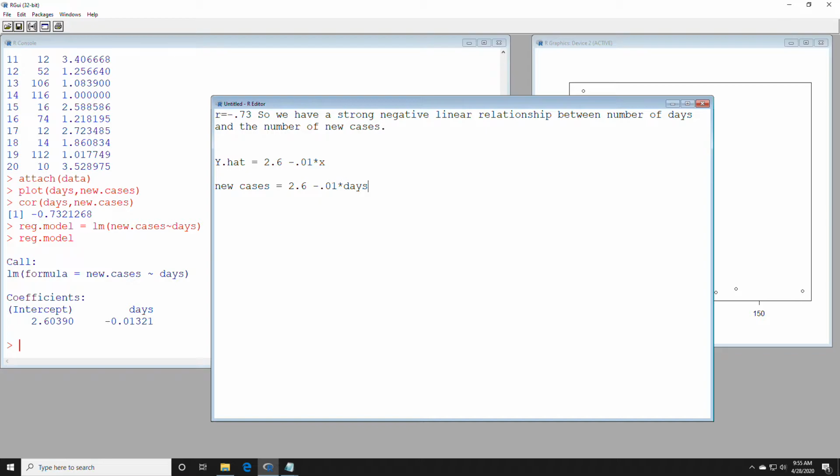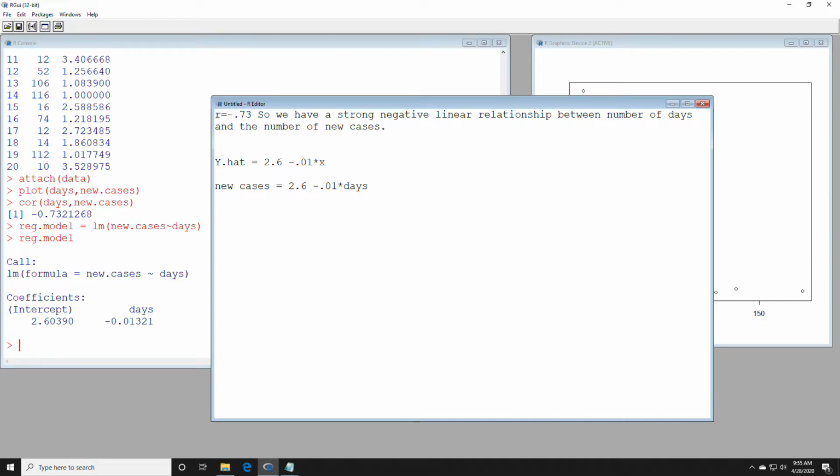So if we put in a number of days, then we get a measure of the number of new cases of the coronavirus that we should be seeing. Again, just to some scale. It's just kind of a constructed data set to some scale.